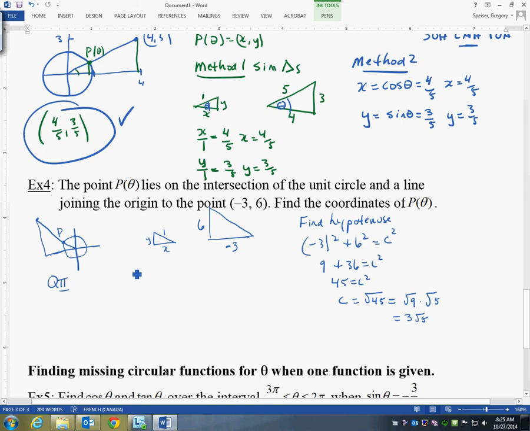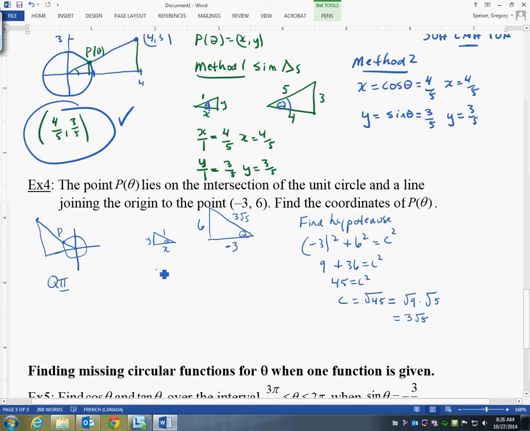Okay, so let's go back over here and think about the similar triangles method. So x over 1 is equal to, this is 3 root 5 over here, -3 over 3 root 5. Or another way to say it, here's my angle. It feels a little weird because the angle's on the right. So cos is equal to the adjacent over the hypotenuse.